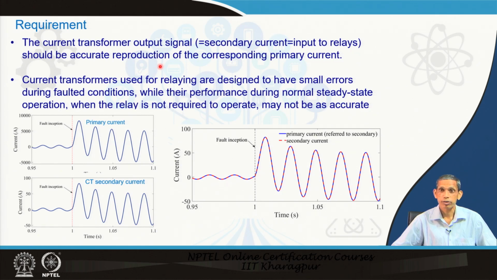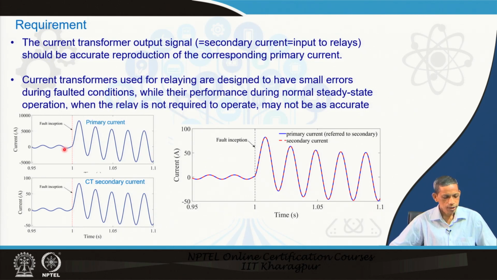Current transformers used for relaying are designed to have small errors during fault, while their performance during normal steady state currents may be compromised to a certain accuracy. We require their correct reproduction particularly during fault conditions.